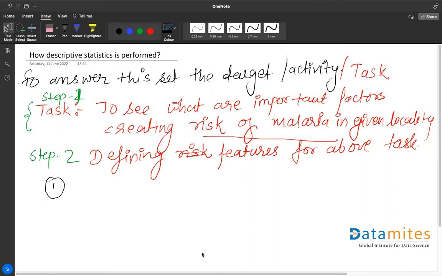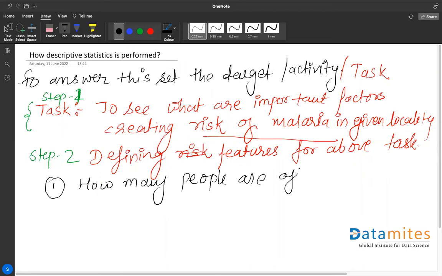Data from doctors, hygiene, hygiene of the area. Right. So if I want to analyze a certain area, first I need to check how many patients are there, how many people are affected with malaria.